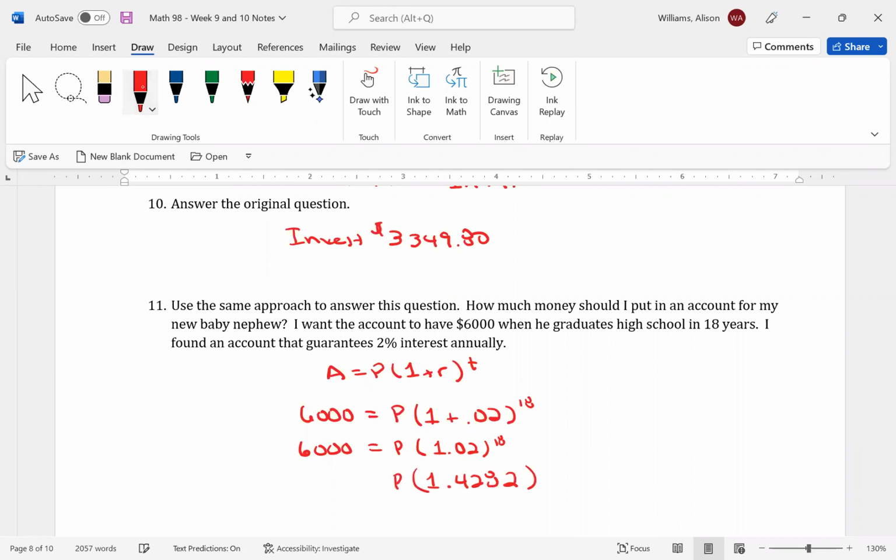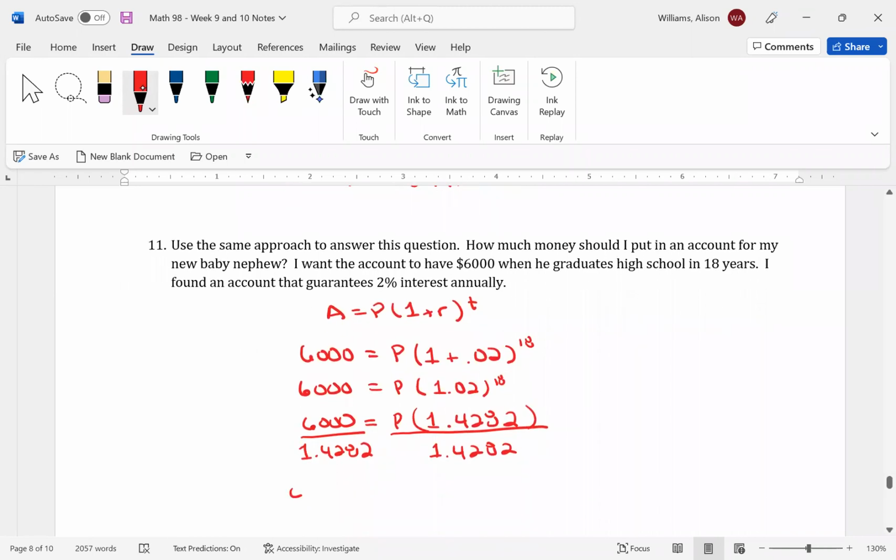That's times P. And then to solve for P, I divide both sides by that decimal. So 6,000 divided by 1.4282, and I get $4,201.09. That is what I want to invest so that when he graduates high school, there will be $6,000 in the account.